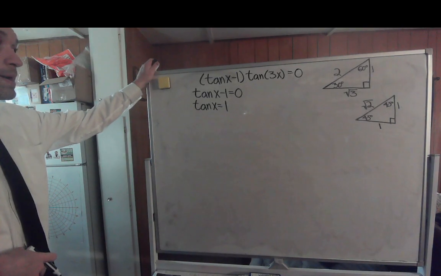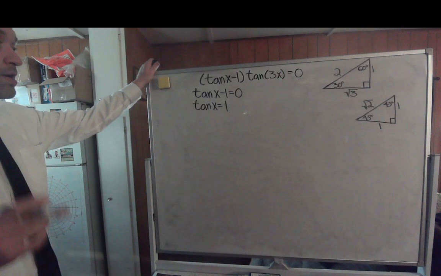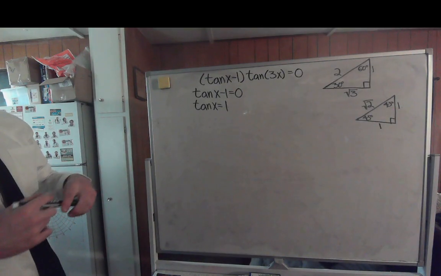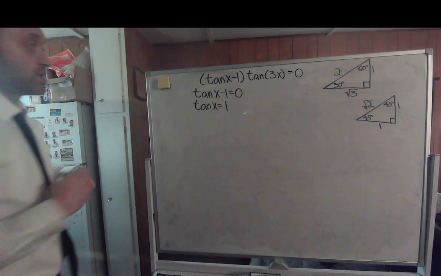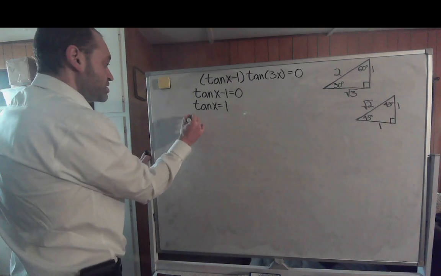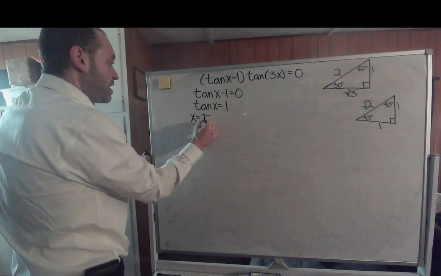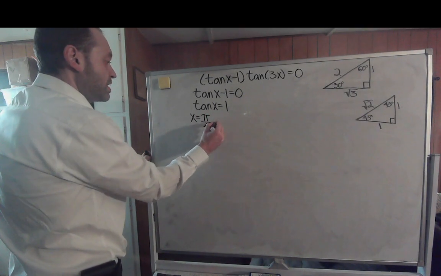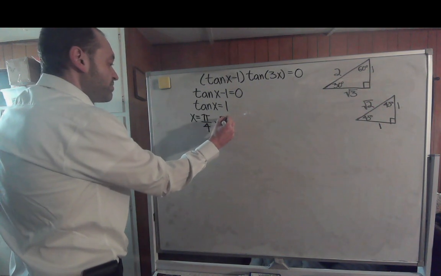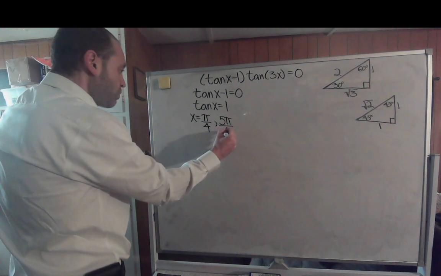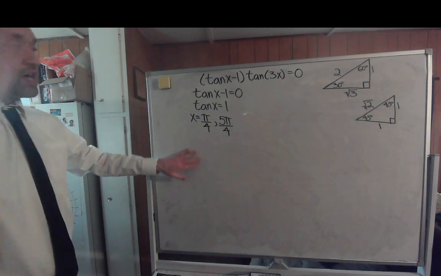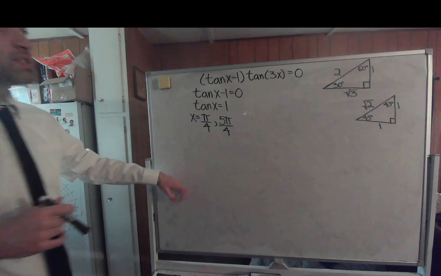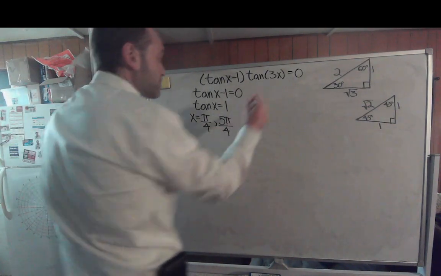Alright, so where does the tangent equal positive 1? That'll be again in the first and third quadrants. So x would start out equaling pi over 4, and then you would have 5 pi over 4. We're not going to do the general solutions just yet. I just wanted to list them for one. Now let's look at the tangent of 3x equals 0.